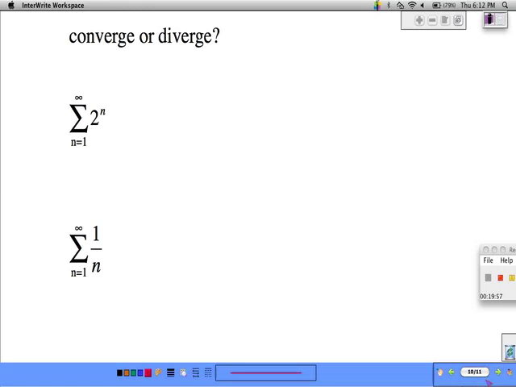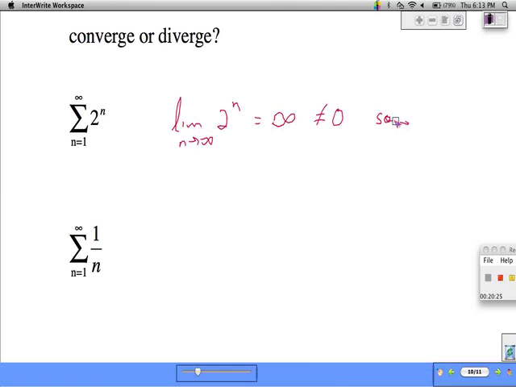Now we want to check to see if this converges or diverges. We have two series here. And what we can do is take the limit of the nth term. This limit of 2 to the n is equal to infinity, which is not equal to 0, so the series diverges.